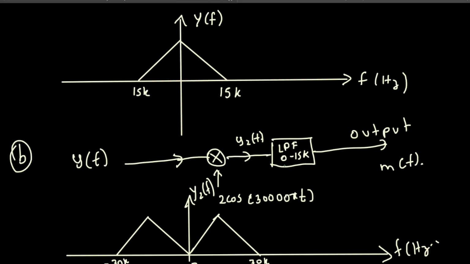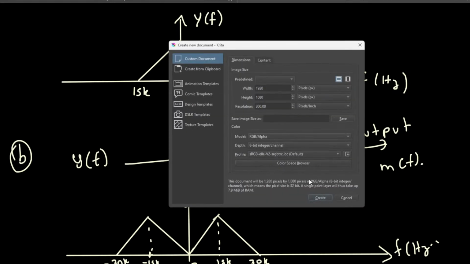Now we apply the low pass filter of 15k hertz. Anything above 15k is going to be removed. In this triangle, 15k is at the middle. This is negative 15k, and in this other triangle, this is positive 15k. Anything above that is removed, and then we get the old pattern back.